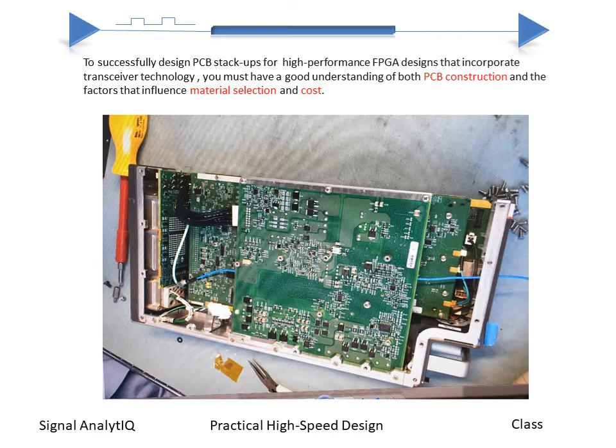And we'll also discuss material parameters like relative dielectric constant, the loss tangent, fiberglass weave composition, and skin effect. Here in this example, what you're looking at on the slide is a 16-layer board which has high performance FPGAs and ASICs running at greater than 2.5 gigabits per second.